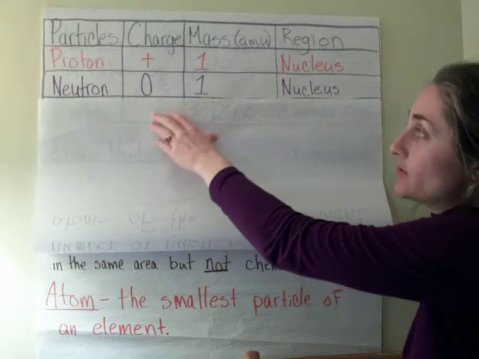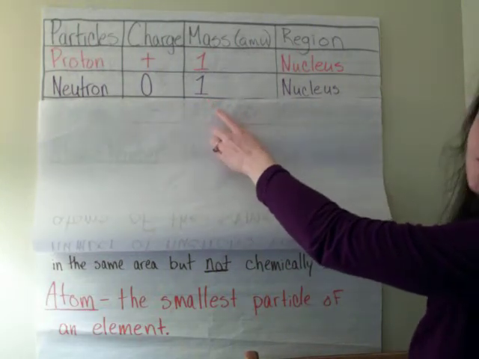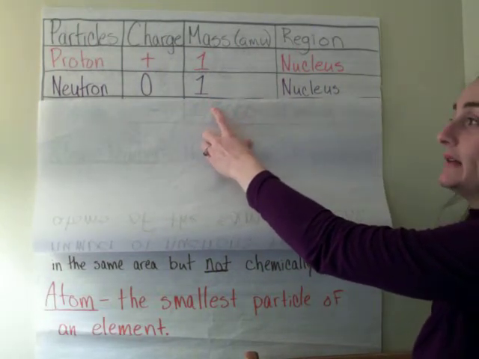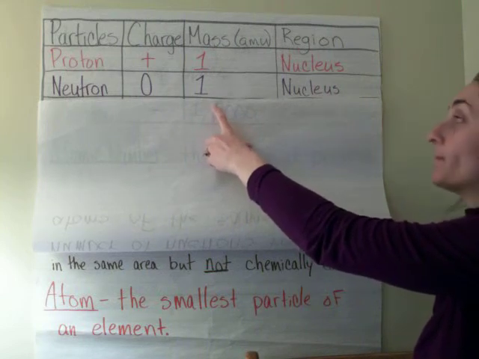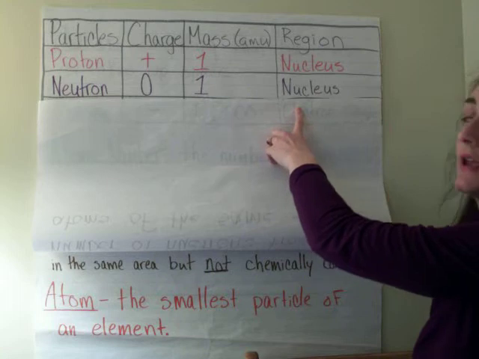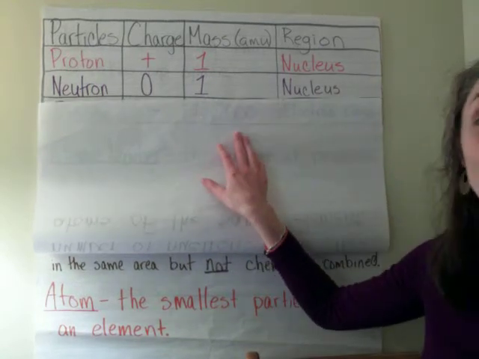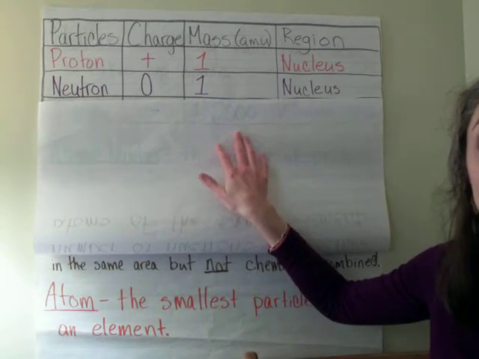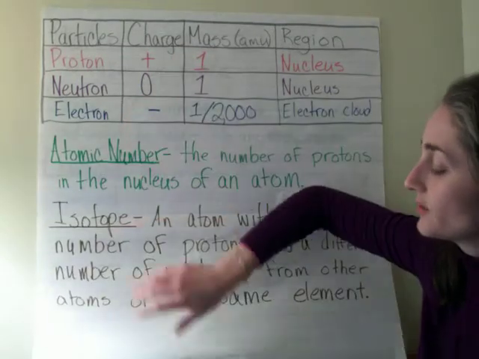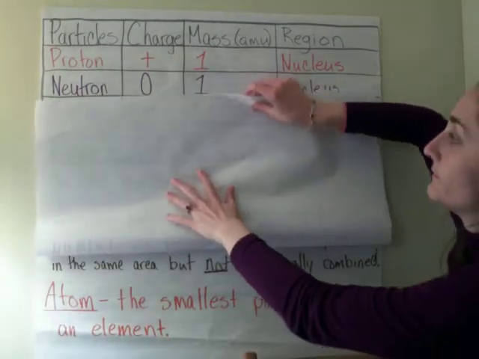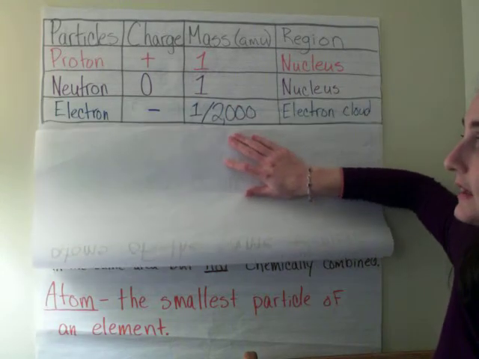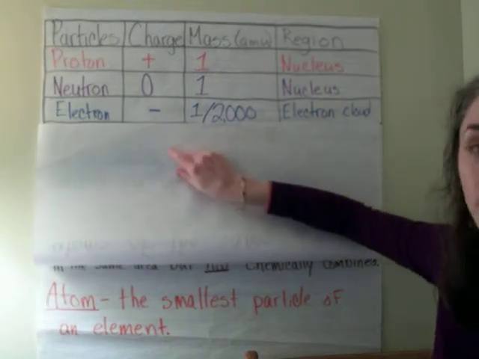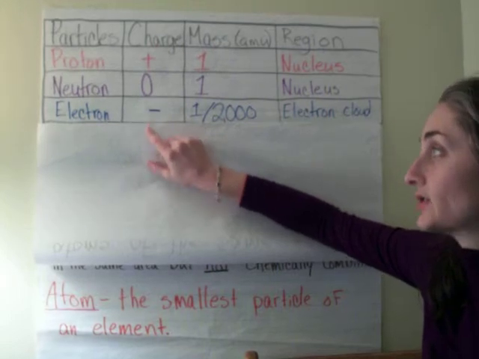It has no charge. You'll notice that its mass is the same mass as a proton. It's got 1 AMU. And we find it in the nucleus. So really the only difference that we find between a proton and a neutron is in its charge.